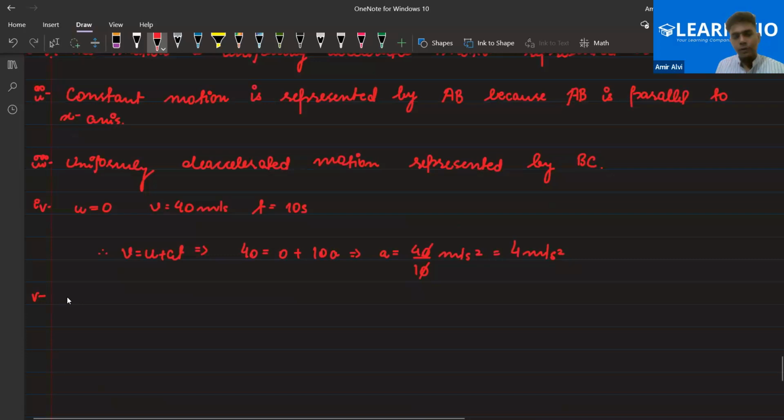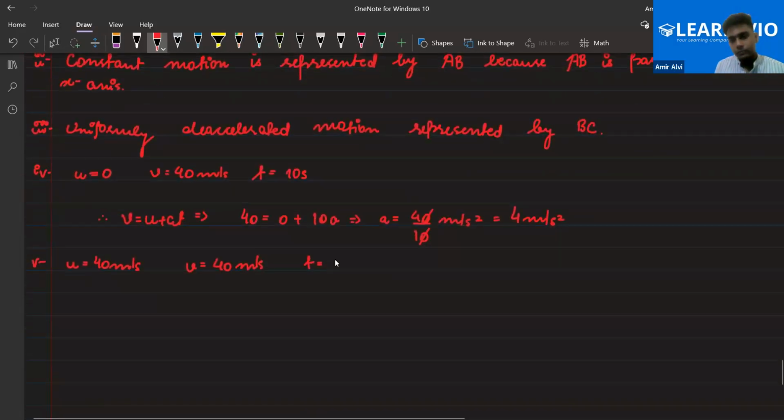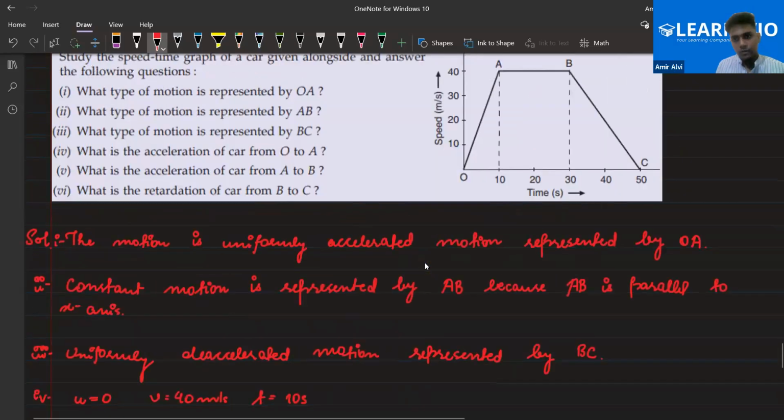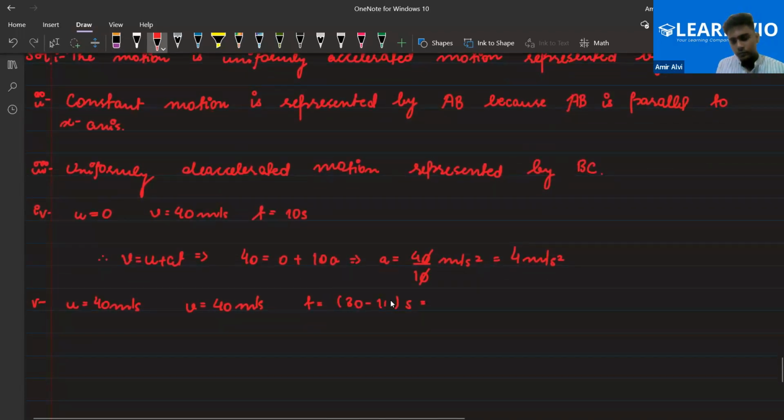And for the 5th part, we will write down u as 40 meter per second, v as 40 meter per second. Time taken is 30 minus 10, so it's going to be 20, right? Thirty minus 10 is coming out to be 20 seconds.